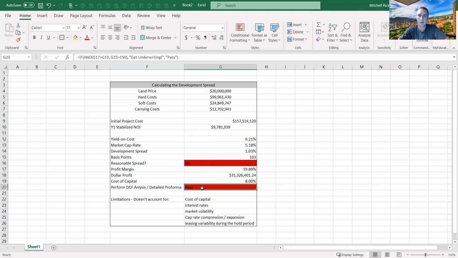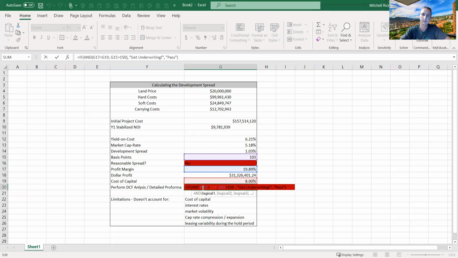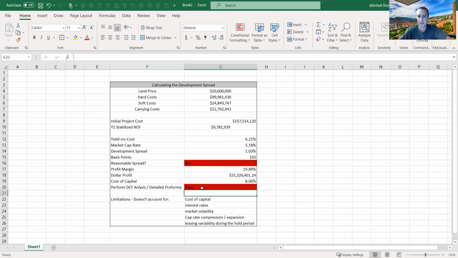And we know that this is a pass and we shouldn't spend more time underwriting this, because that developer spread just isn't big enough. The benefit of developing doesn't outweigh the cost of just going out and buying a property. So it'd probably be more beneficial just to go buy in this case.